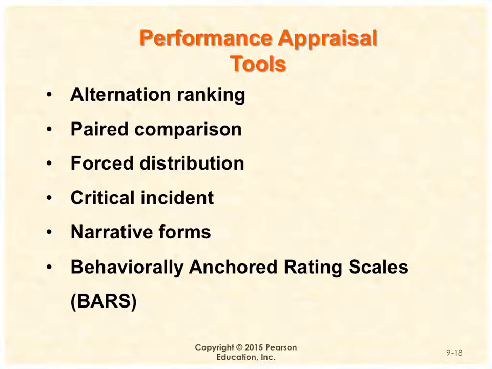We also have several other tools that we could do. The first one is alternation ranking, where we take all of our employees and we pick a topic that we want to rank them on. Say it's output, how many products they can put out in a day.